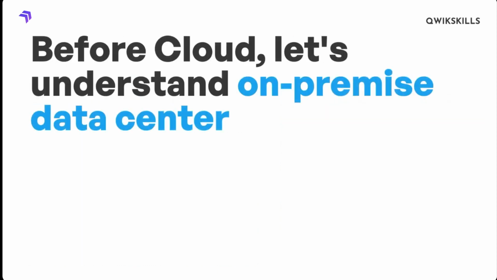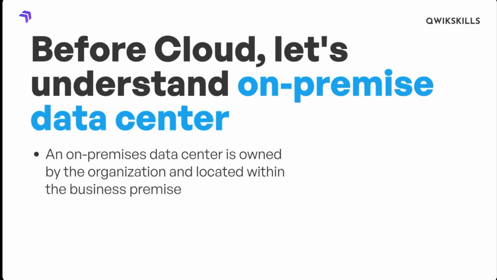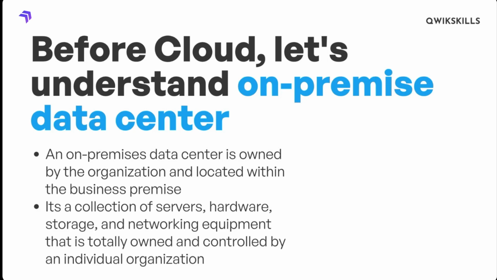So if we come across this, there is one word which you see: on premise, right? You talk about on premise. There is a comparison you should be aware of when you talk about on-premise data centers, what they actually are. An on-premise data center is owned by the organization and located within the business premises.